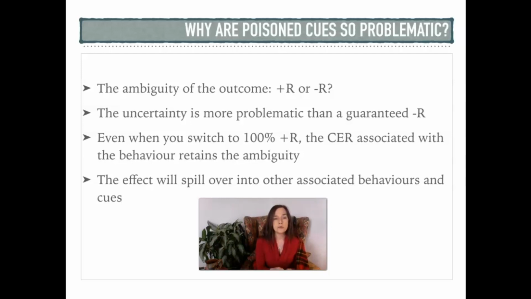A poison cue is problematic because the dog cannot predict its outcome. It's not that the aversive might be that bad. It's the uncertainty that the dog is experiencing. And when we don't know what's going to happen when we do a behavior, it makes us very reluctant to do that behavior. That's why the poison cue is a problem.